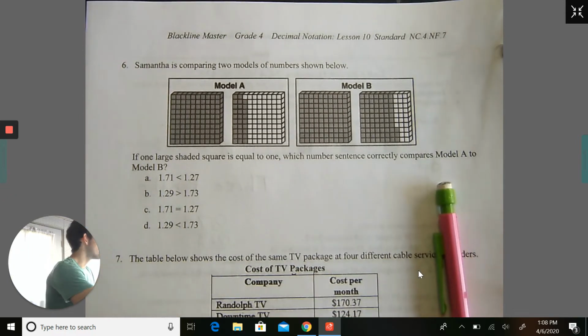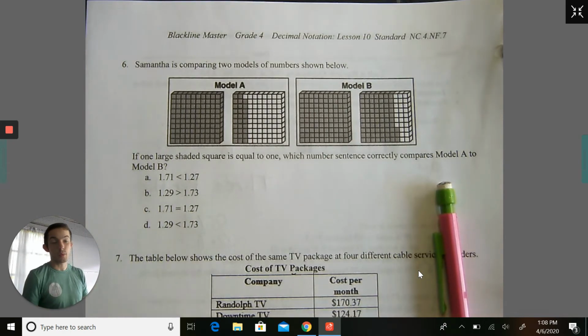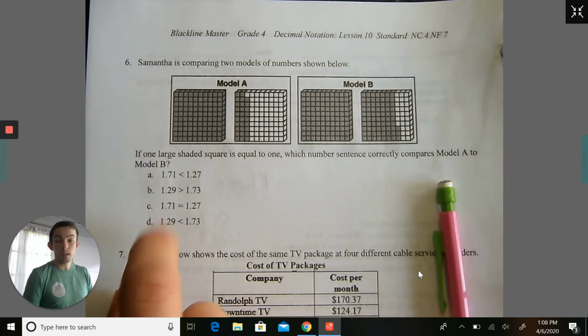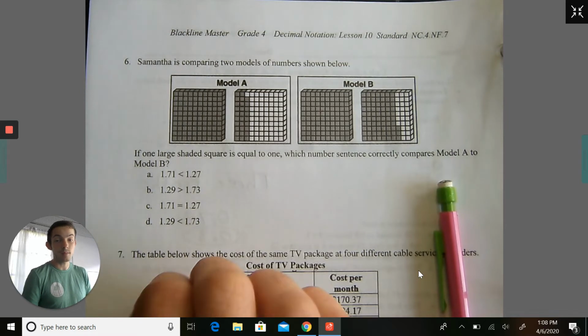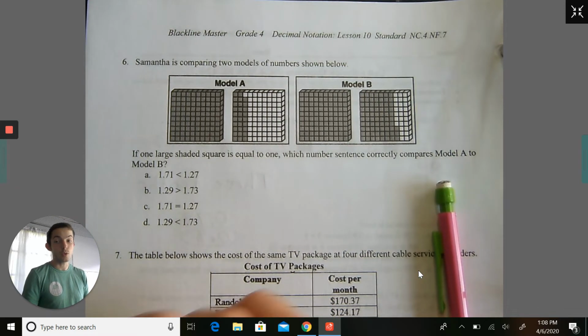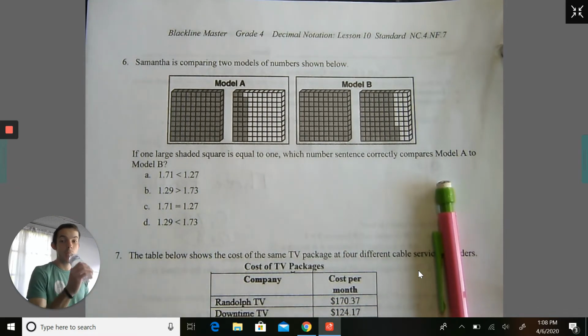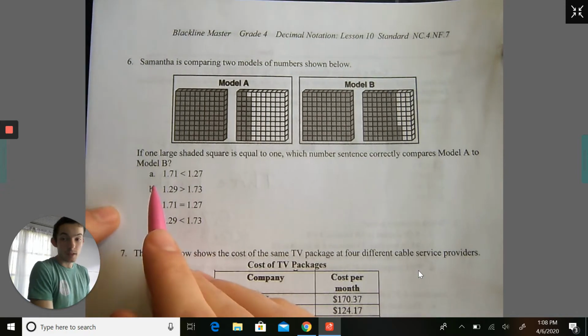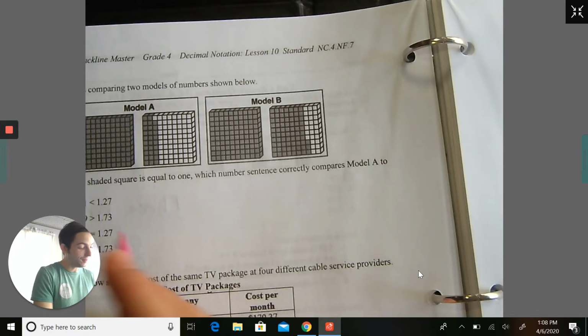I'm going to pause the video and let you talk to somebody around you. If all of your ones places have the same digit, what place value do you have to look at next? All right. The answer to that was your tenths place. I hope you said that.